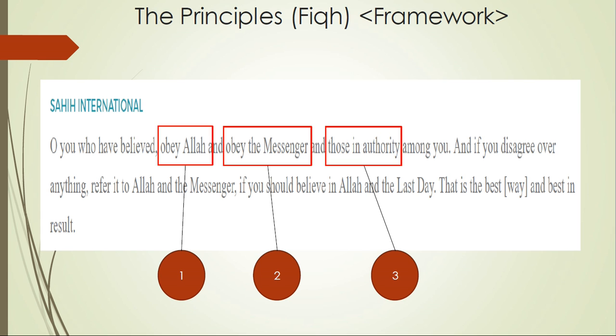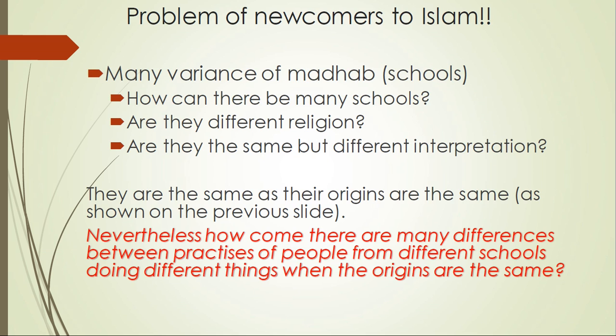But when something is not clear, then it might be up to the jurists. And this is where many jurists were established over the thousands of years. We have 1,500 years of development.